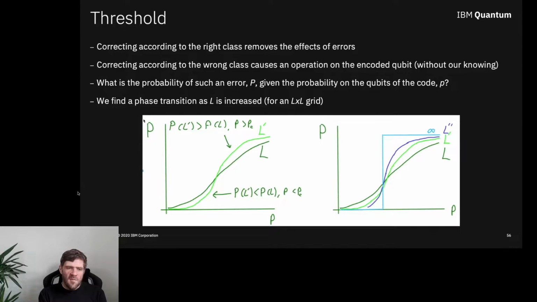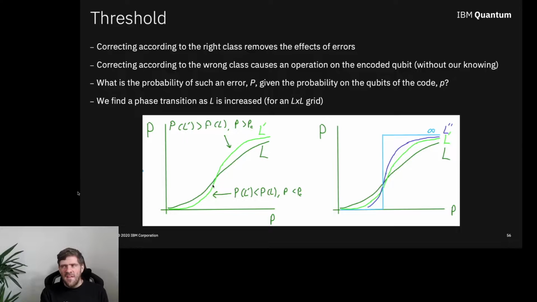If we plot the probability that things go wrong against this little p, what we expect to see is that the higher the probability on each qubit, the higher the probability that our decoding will fail overall. But what we want is that if we increase the size of our code, things will be better. So if we plot this for a larger code, we would expect the probability of getting things wrong to be smaller.